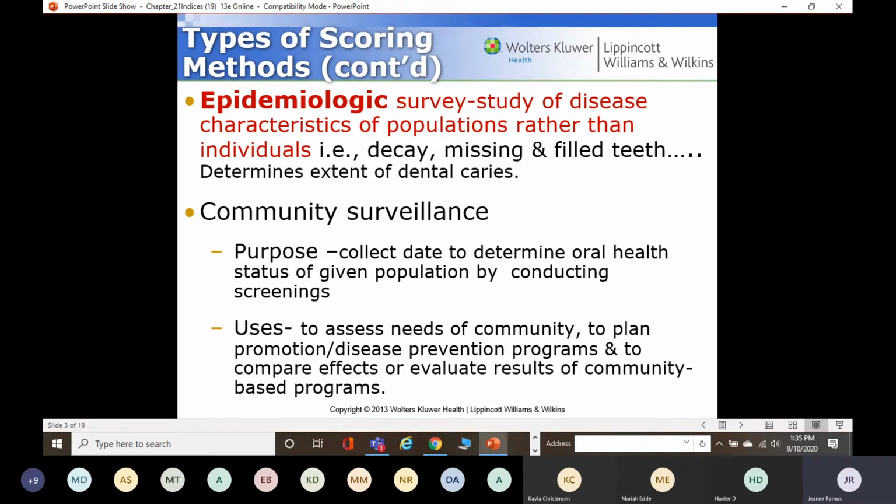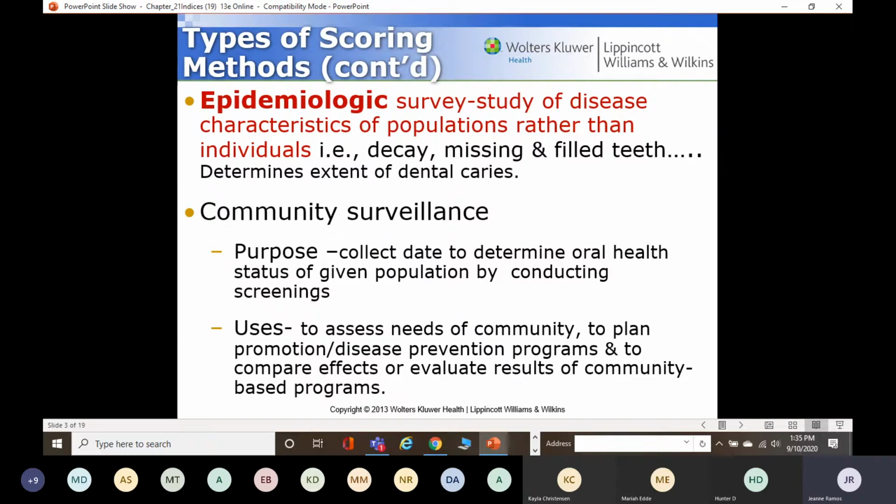So community surveillance, the purpose is to collect data to determine the oral health status of a given population. So you conduct a screening. And I hope that this COVID is managed better before you guys graduate, so that you have the opportunity to go to the schools and do some screenings.